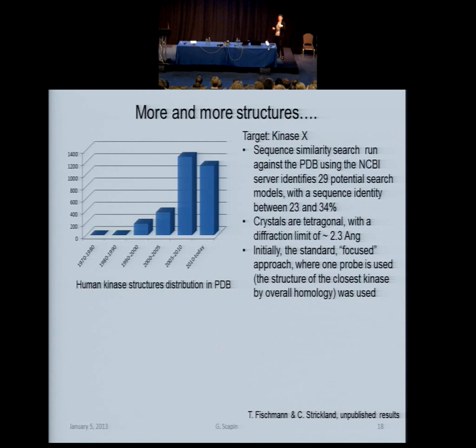And there is not just one kinase, although there is a lot of redundancy. For example, among these 3,000 structures, there are about 190 p38 kinases. But there are also a lot of structural differences. So there are serine-threonine kinases, tyrosine kinases, histidine kinases, soluble kinases, membrane-bound kinases. There's a little bit of everything.